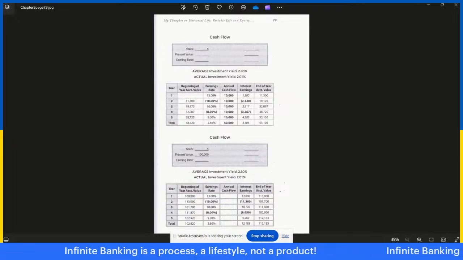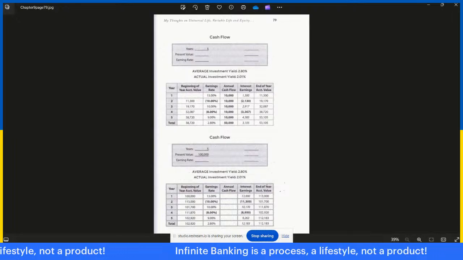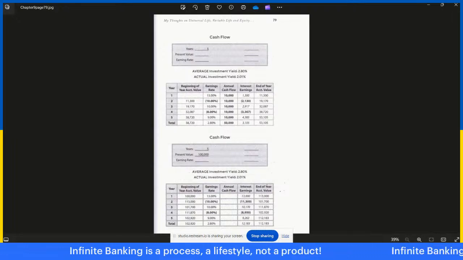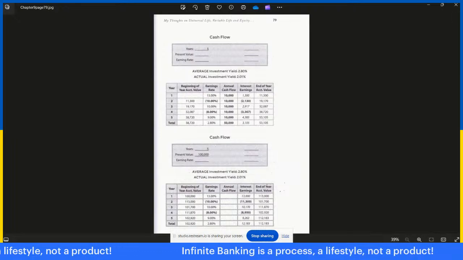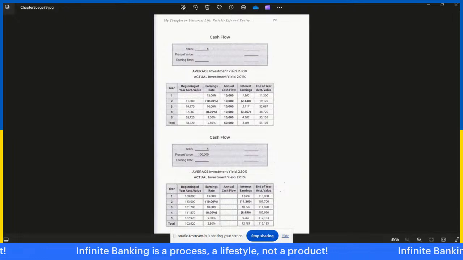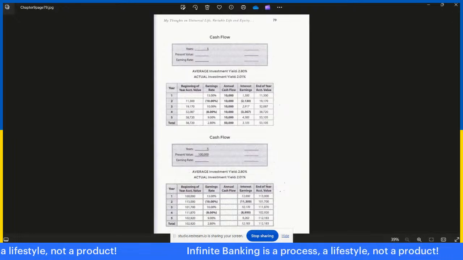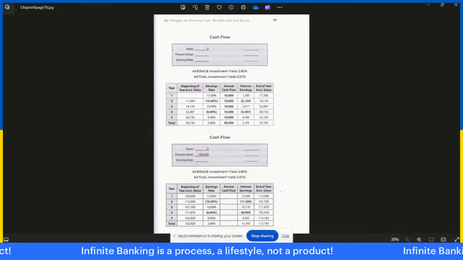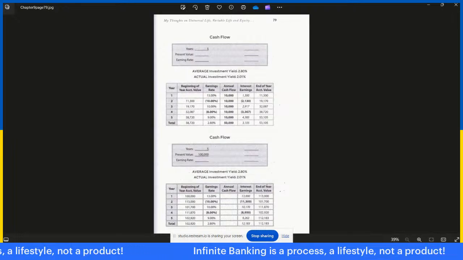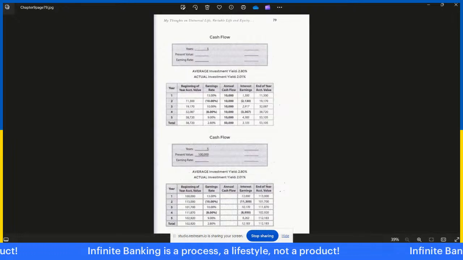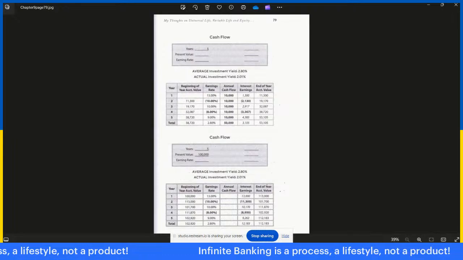Many proponents of index universal life say that if you design the policy properly, you will not get the part where the policy goes below the minimum guarantee rate, which in most cases is now actually 0%.